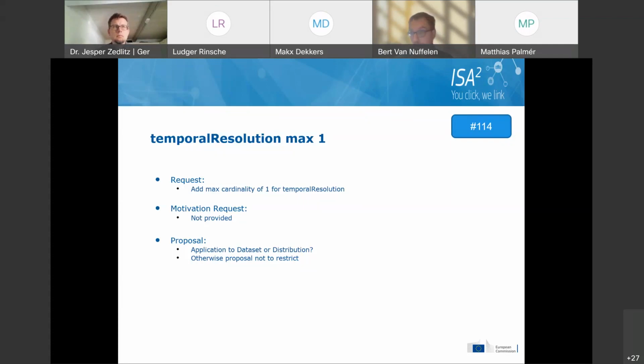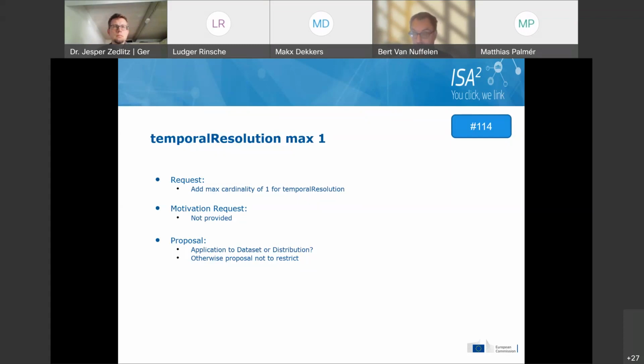But at the moment we have a mismatch between text and cardinality. Okay, so the motivation for the request was the incoherency between text and cardinality. And so the proposal is now to update the text so that we do not refer to the minimal, but to a temporal resolution.